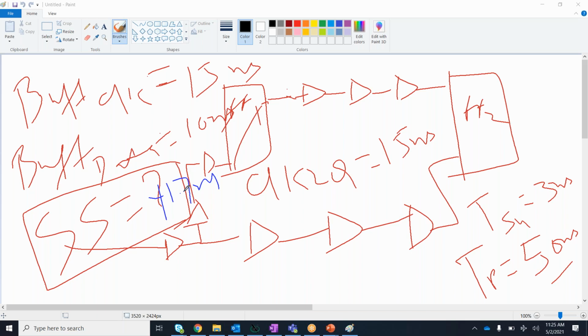Is anyone getting something other than this? So two people got positive 70 nanoseconds. Other people did not get any answer, right? Okay, we'll solve this.